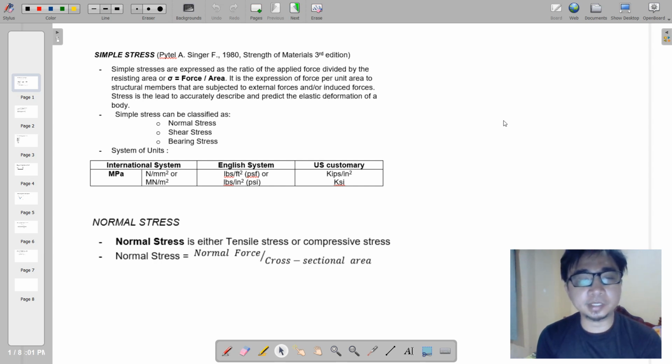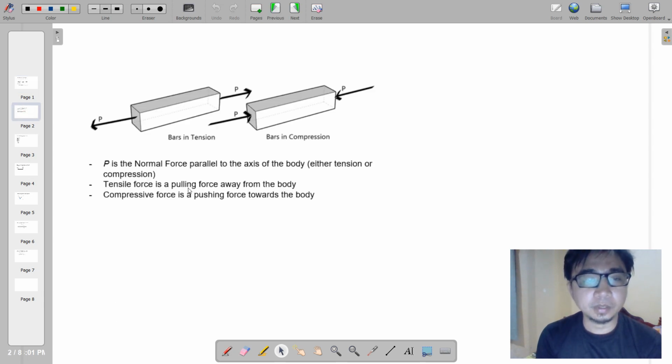So the normal stress is either tensile or compressive stress. Meaning normal stress is equal to the normal force all over the cross-sectional area. We can see here that P is the normal force parallel to the axis of the body. So it could be either tension or compression.